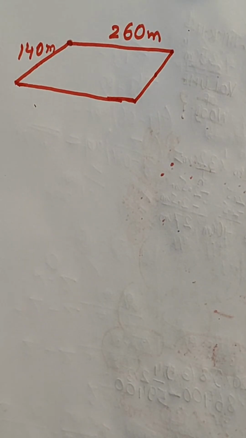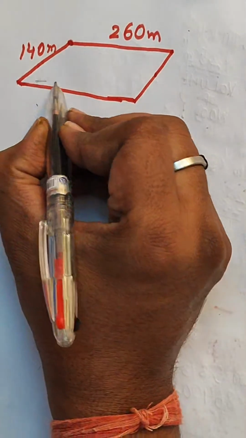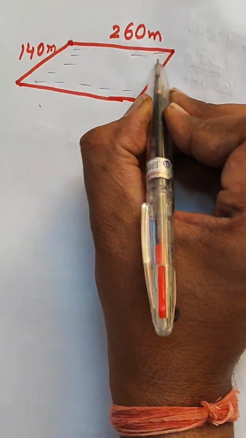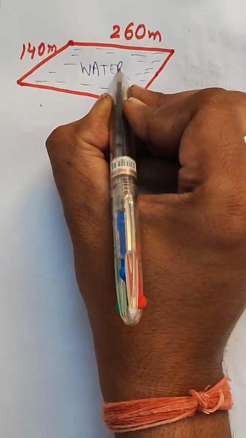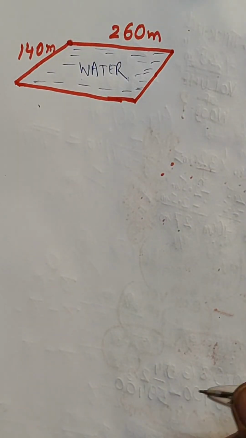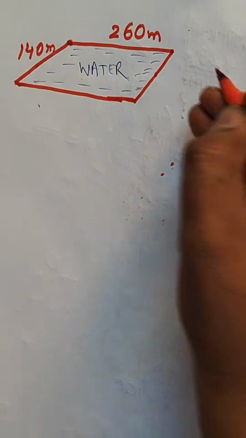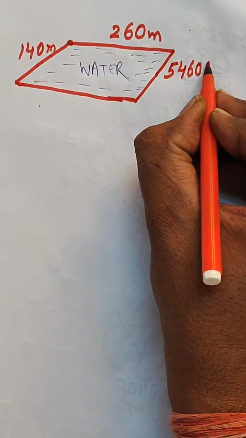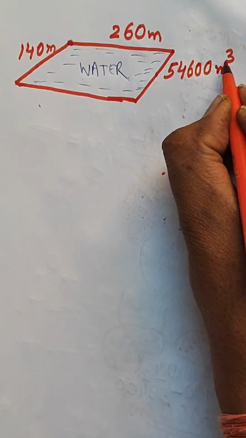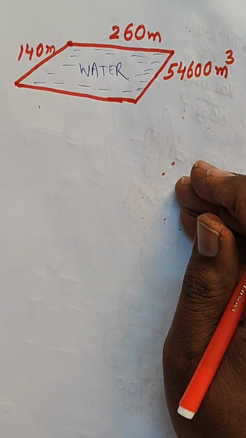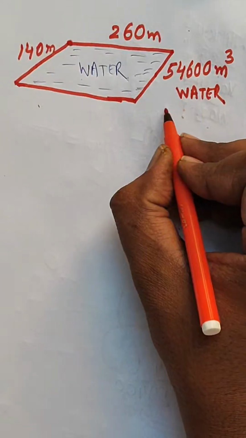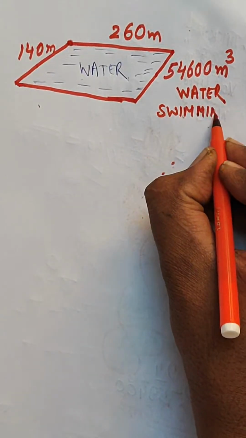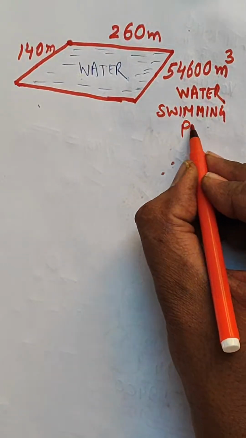If the volume of the water which is present inside this swimming pool is given to you, that is 54,600 meter cube of water inside this swimming pool.